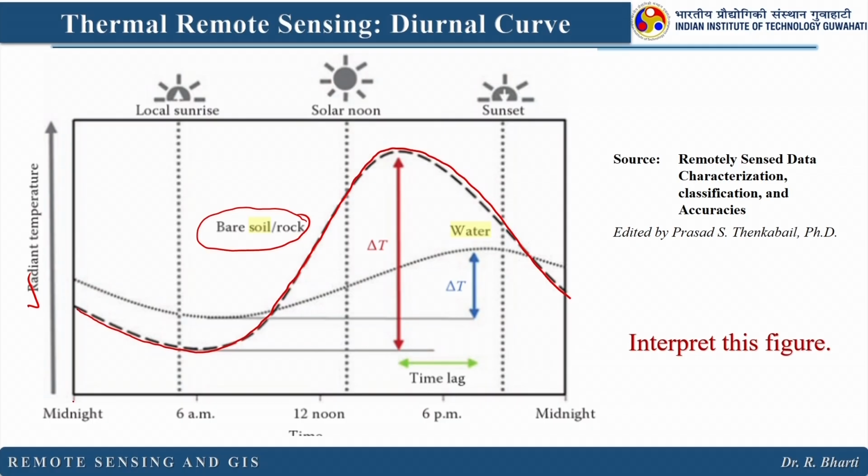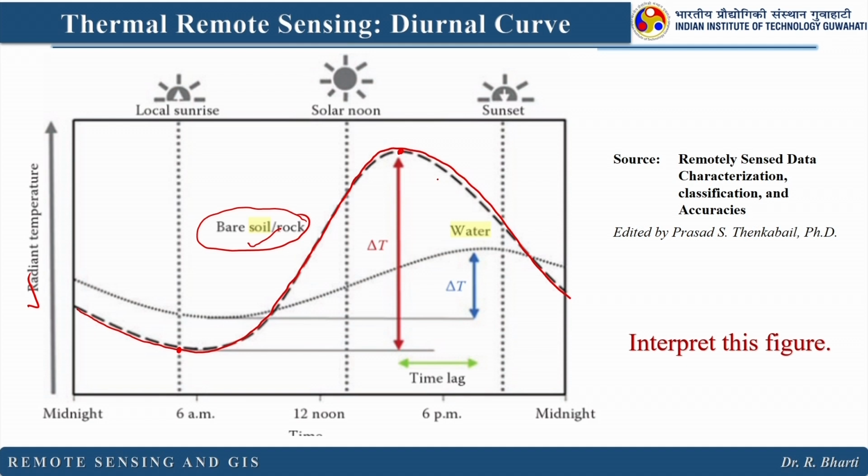Now we have started from midnight, and during the sunrise the temperature of this particular material, bare rock and soil, was low, but as it was heated through solar radiation, it has increased in the afternoon, right.